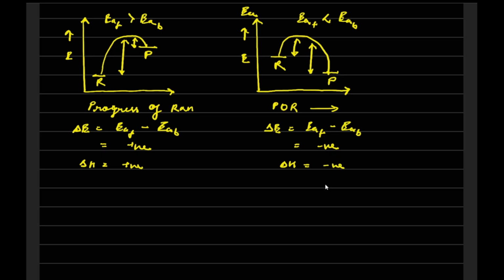In this, delta E is negative, meaning the energy is released. Whereas here, delta E is positive, which means energy is given to the reactant. So this is actually an exothermic reaction, and this is an endothermic reaction.